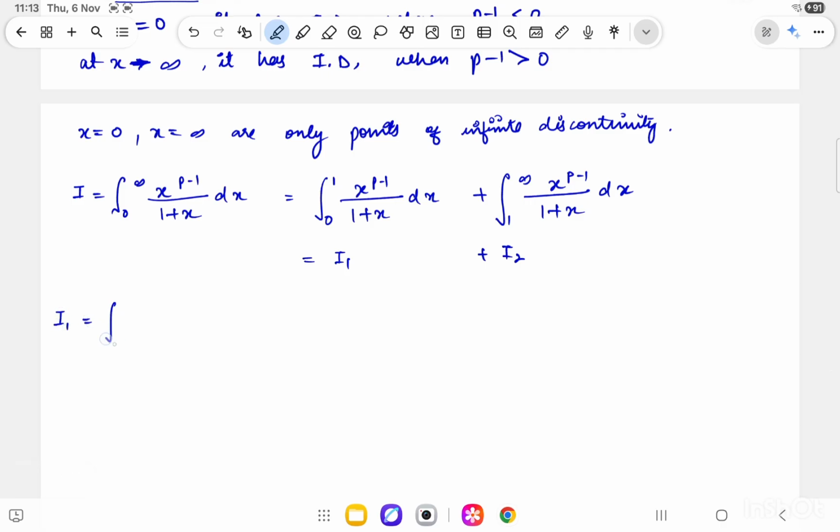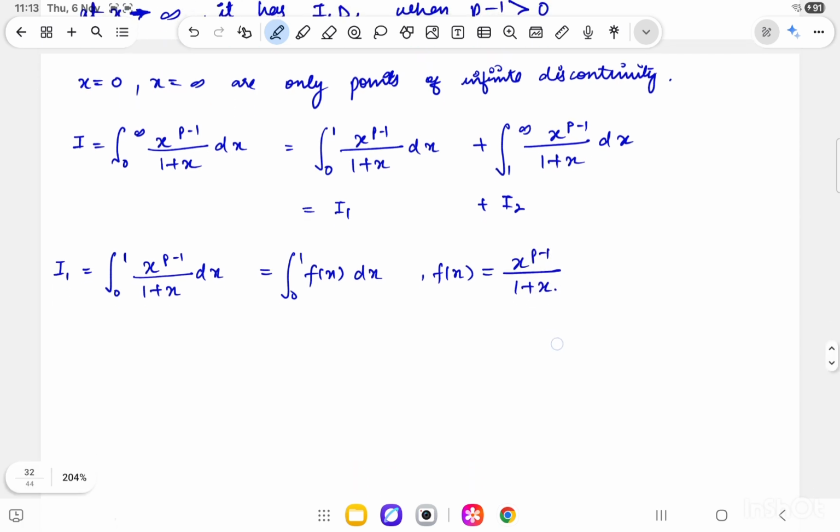So our I1 is integration from 0 to 1 of x raised to p minus 1 over 1 plus x dx. If I write it as 0 to 1 f(x) dx, then my f(x) will become x raised to p minus 1 divided by 1 plus x. Now let's choose some appropriate function g(x) and then apply the limit comparison test.